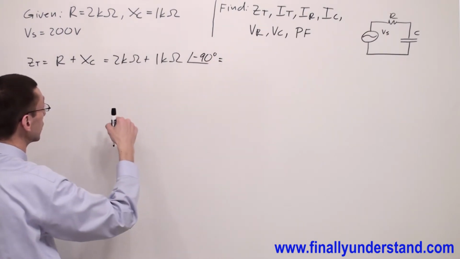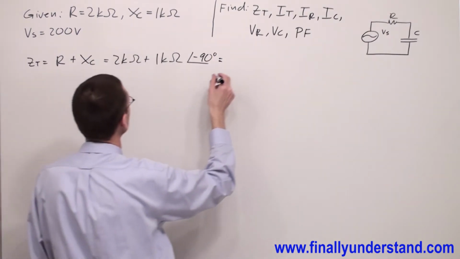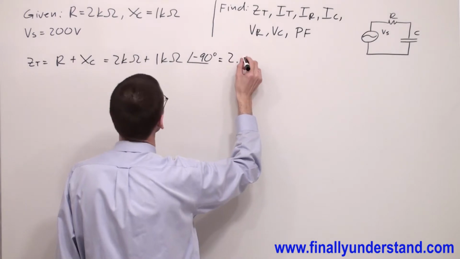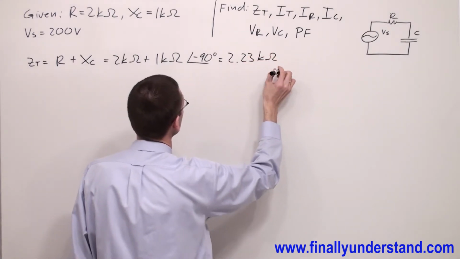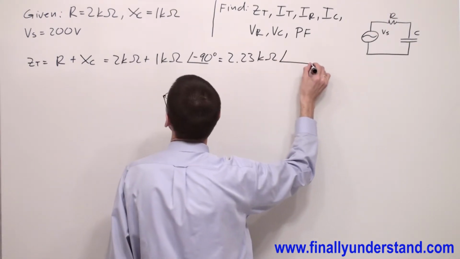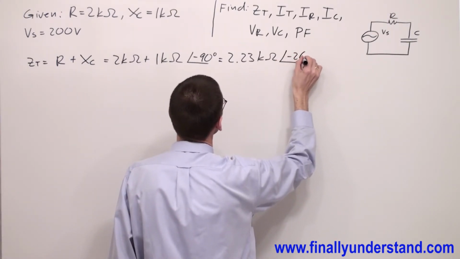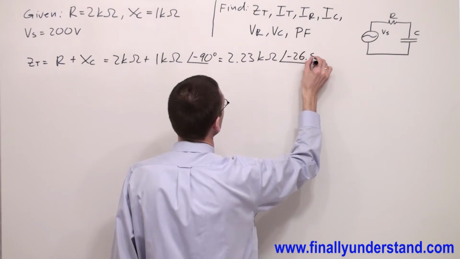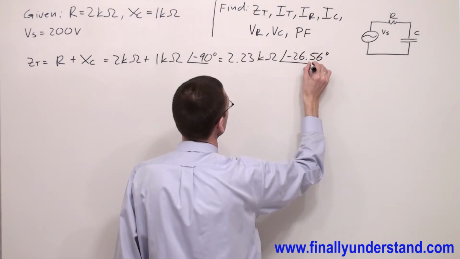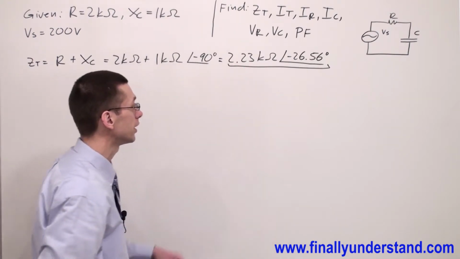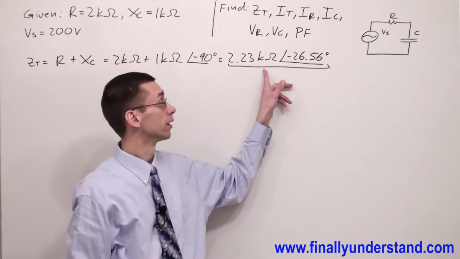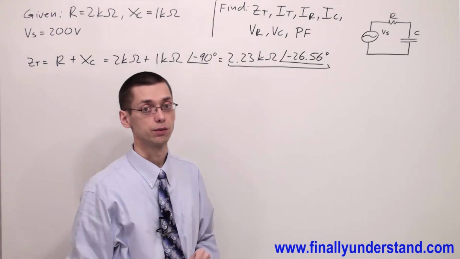Use the calculator and you're supposed to get the value of 2.23 kilo ohms and angle of negative 26.56 degrees. So this is the total impedance of this circuit.